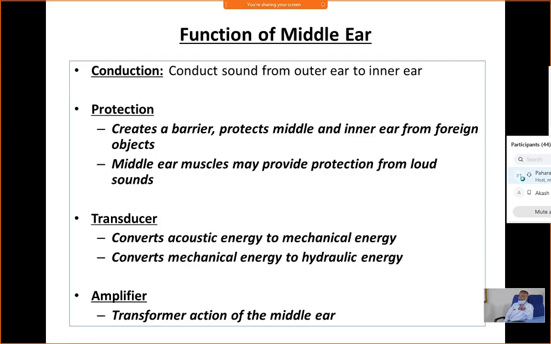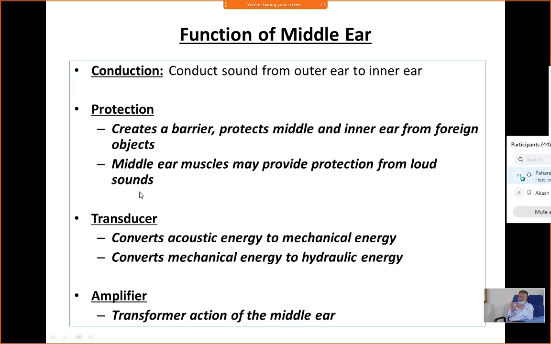Now come to this. The function is conduction, conducting the sound from the outer ear to the inner ear. Then protection: it creates a barrier that protects the middle ear as well as the inner ear from foreign objects. Middle ear muscles may also provide protection from loud sound. Suppose a loud sound is transmitted through the external acoustic meatus.